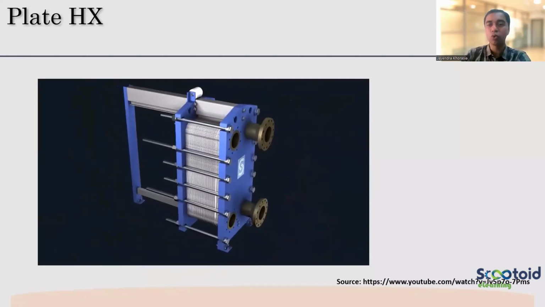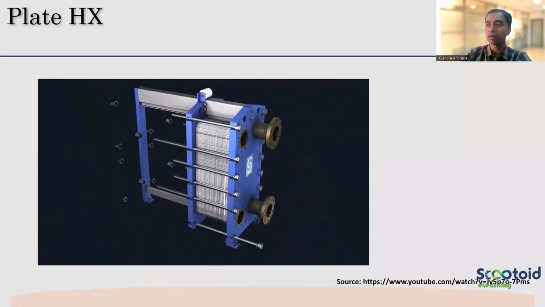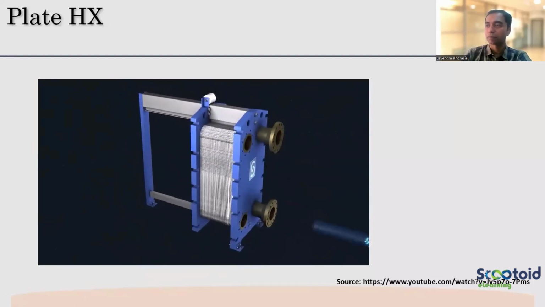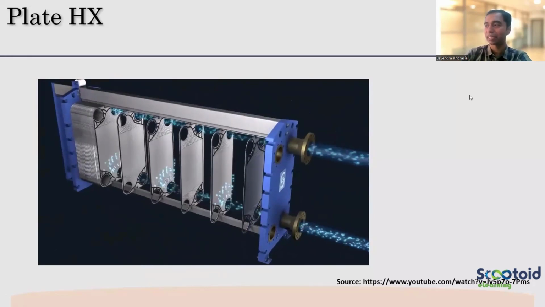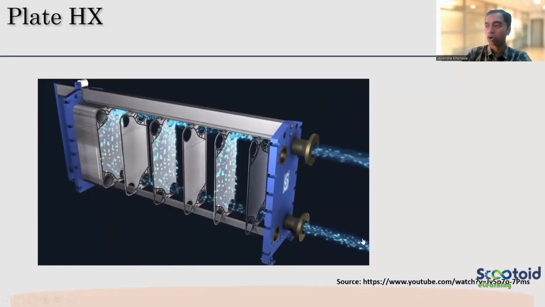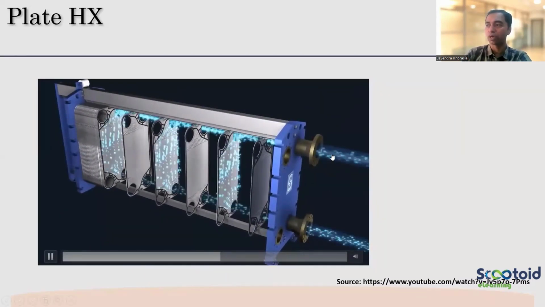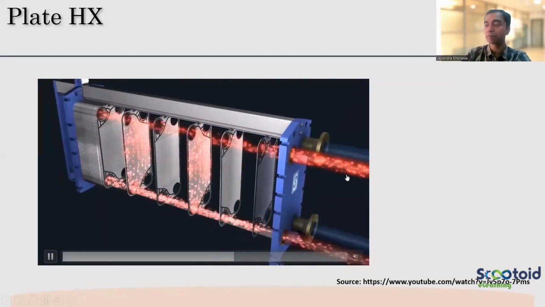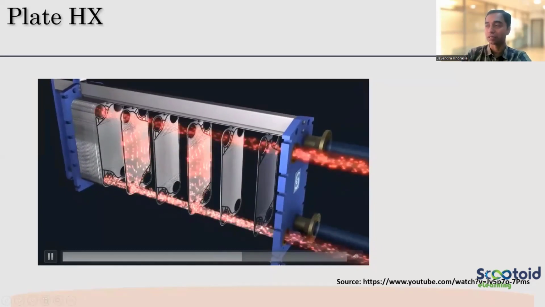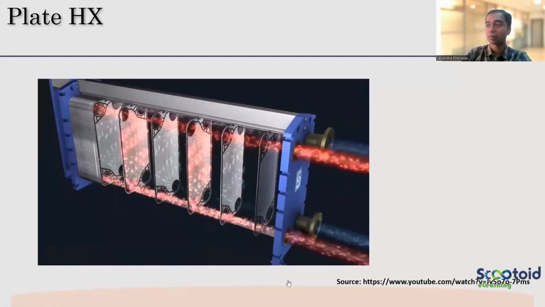Now to understand the flow, we are just trying to see how the flow goes. This is happening in one direction, from bottom inlet to top outlet. Now the hot medium, the other fluid, will go in the opposite direction, top inlet, bottom outlet.